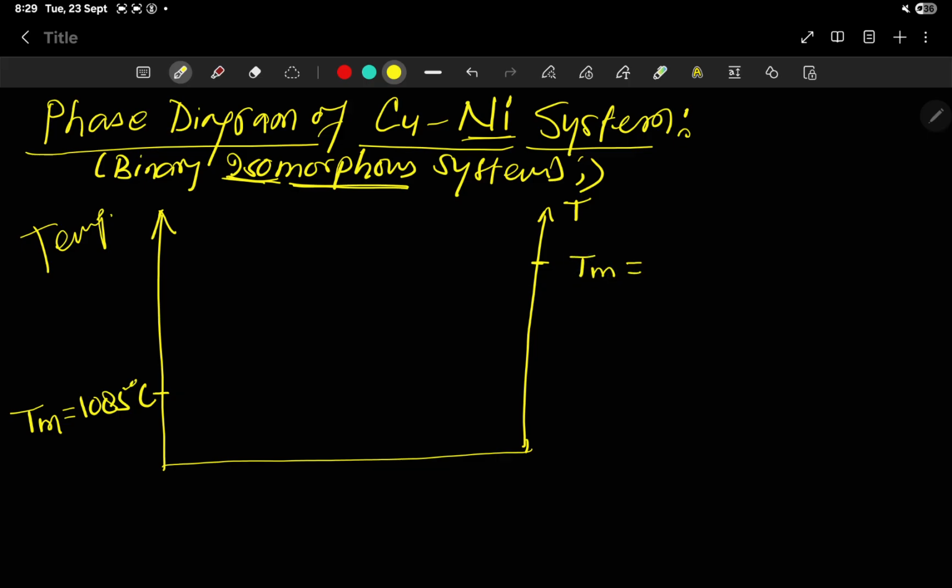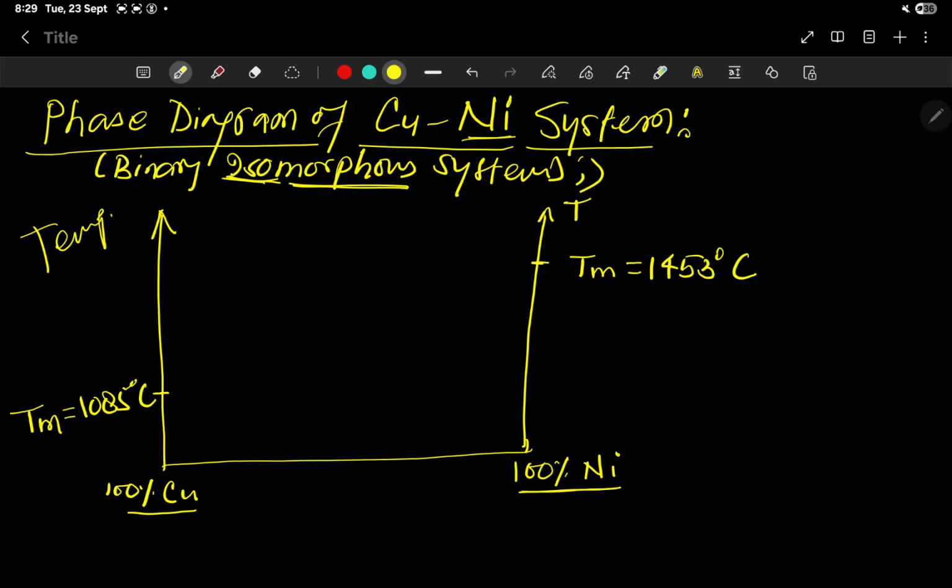It is around 1453 degrees Celsius. On the x-axis we have 100% copper here, and here 100% nickel. So this is pure nickel and this is pure copper.